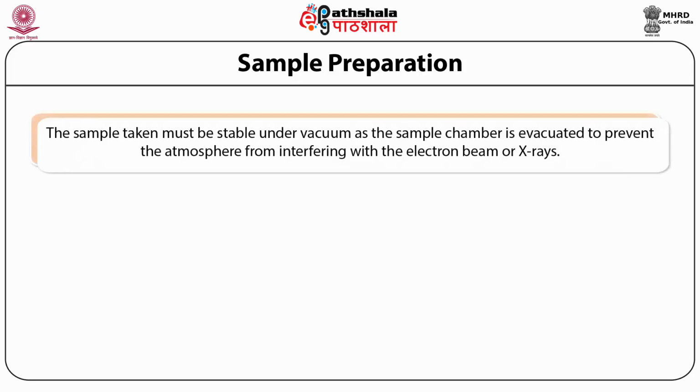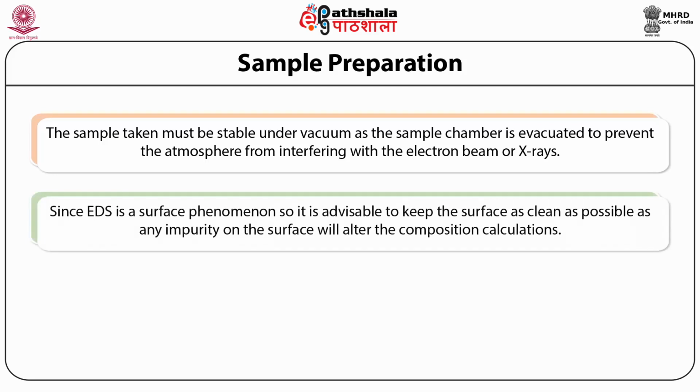The sample taken must be stable under vacuum, as the sample chamber is evacuated to prevent the atmosphere from interfering with the electron beam or X-rays. Since EDS is a surface phenomenon, it is advisable to keep the surface as clean as possible, as any impurity on the surface will alter the compositional calculations.